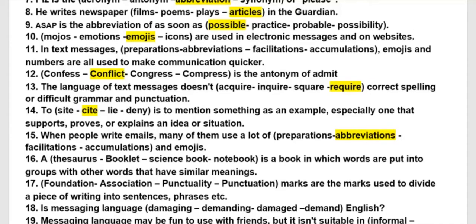We have here, right, thesaurus, booklet, science book. A thesaurus. What does it mean? A thesaurus is a book in which words are put into groups with other words that have similar meanings. But a booklet, you see here, is a small book, right, with few pages only.